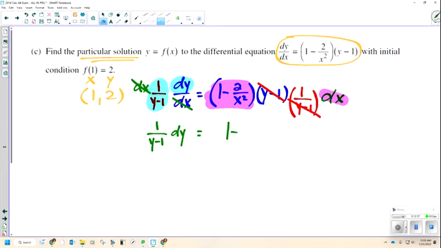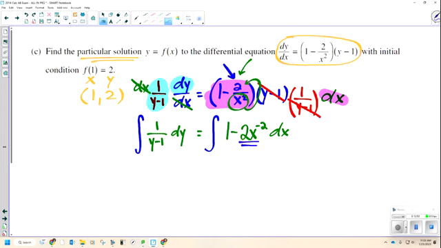So I'm going to bring this x squared up and negate the exponent. So minus 2x to the negative 2 dx. That will be a lot easier to integrate, because at this point, I need to integrate both sides.